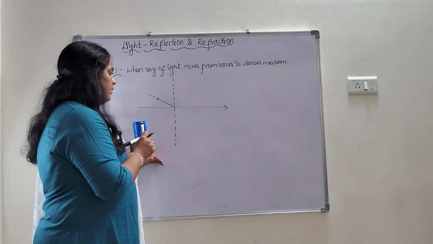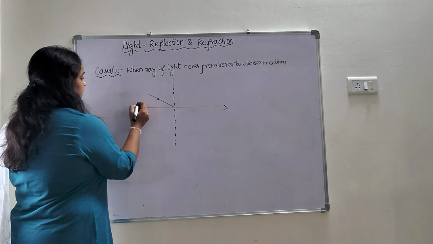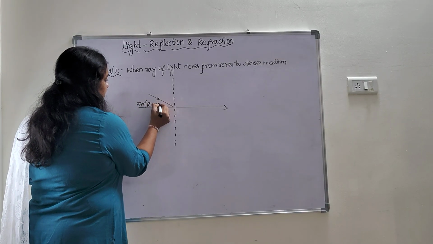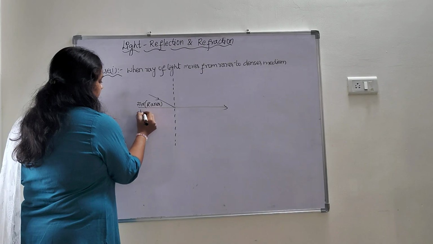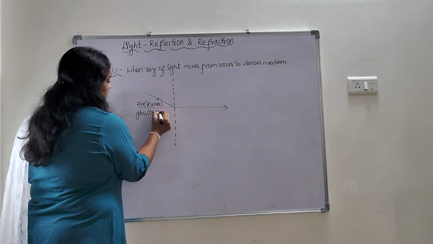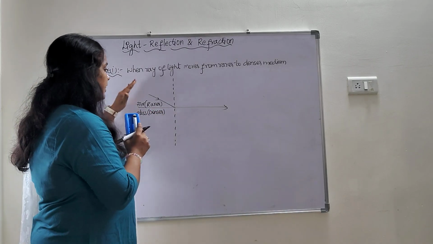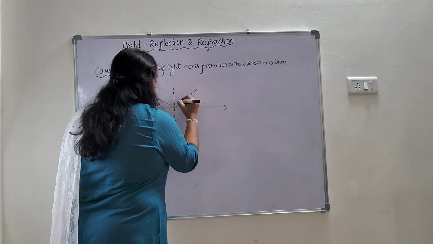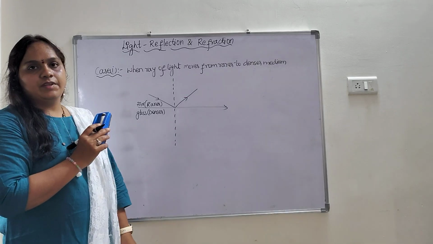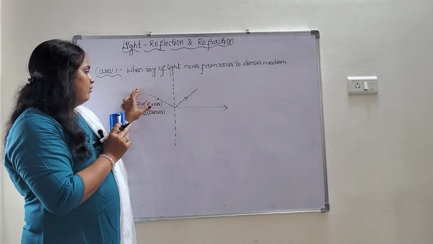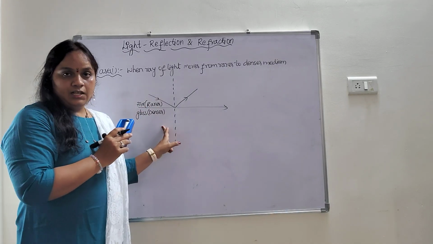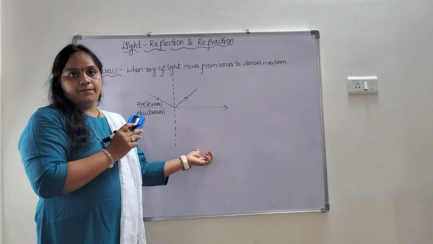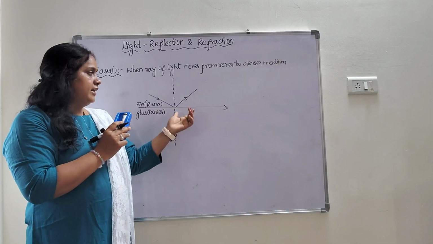If you observe, when a ray of light is moving from rarer, you can take air as rarer, and glass or water as denser. What happens when it is moving from rarer to denser medium? Most people will teach that the complete ray of light will be refracted.